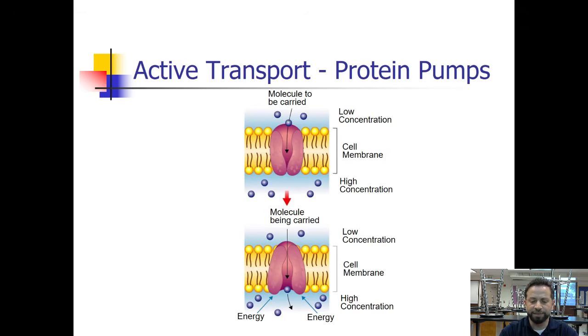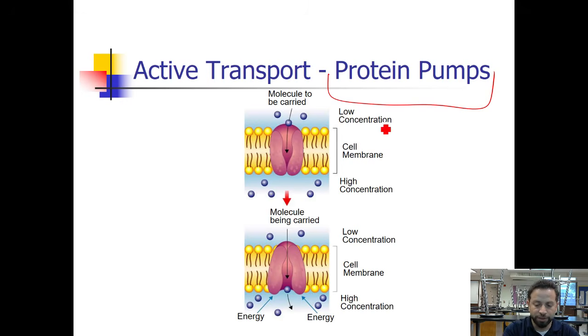Okay, let's move on to active transport. Protein pumps, this is where they come in when we talk about active transport. All right, so it's going to be a little different here because we've been talking about molecules going from an area of high concentration to low concentration, and now we're going to reverse it. We're going to go from low concentration to high concentration.